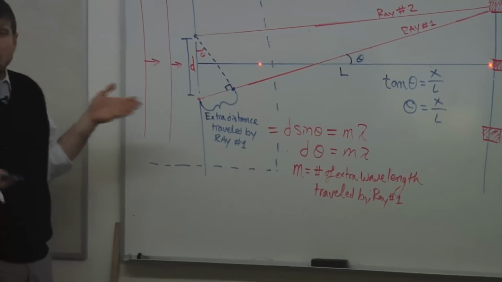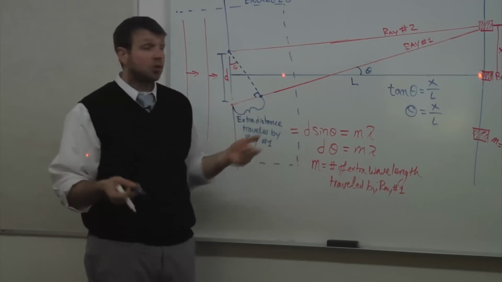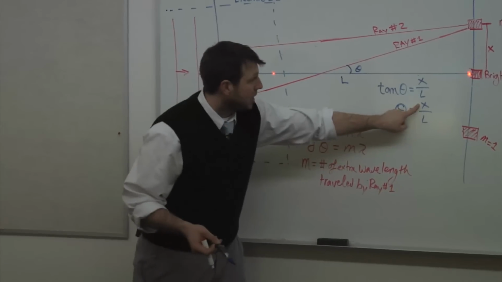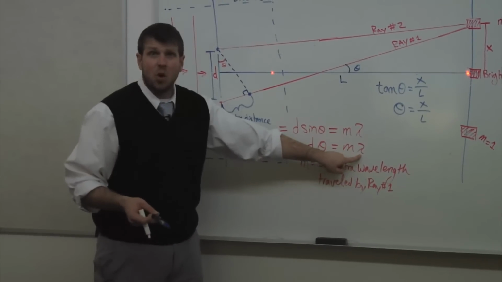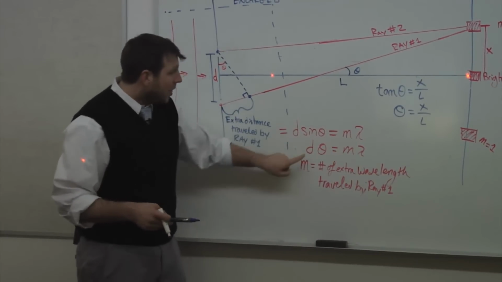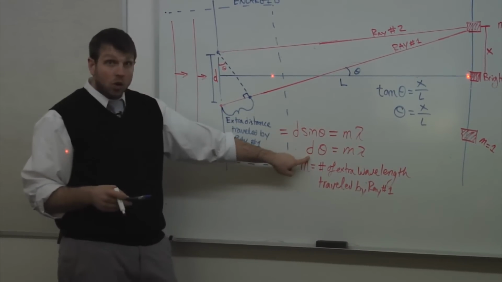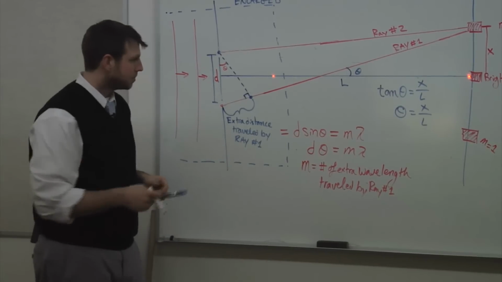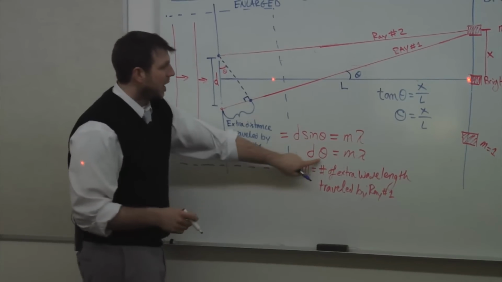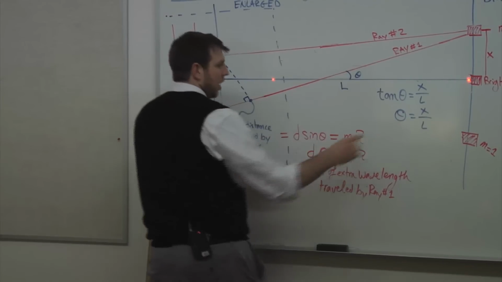Now, if I wanted to measure any of these things, let's look at my measurable values. I can measure x, I can measure L. Usually lambda is known depending upon your light source. Therefore, I could actually measure the distance between the slits and see how close they are. So in this case, I see that I've got a lambda here and a lambda there.